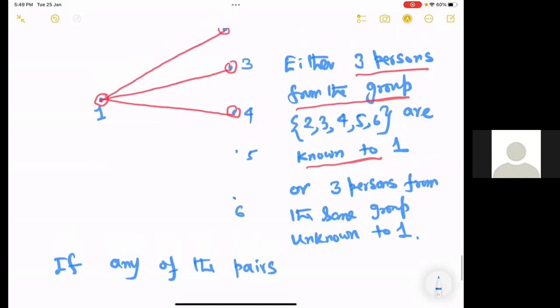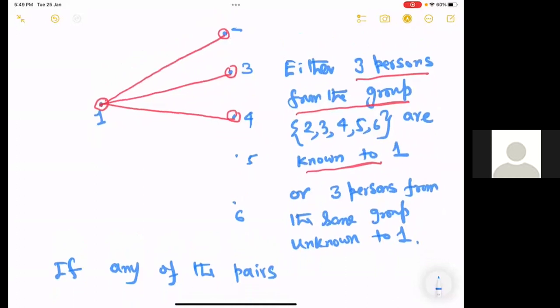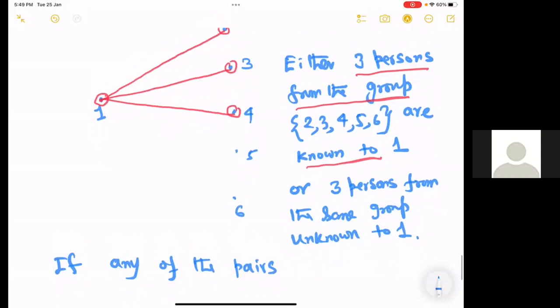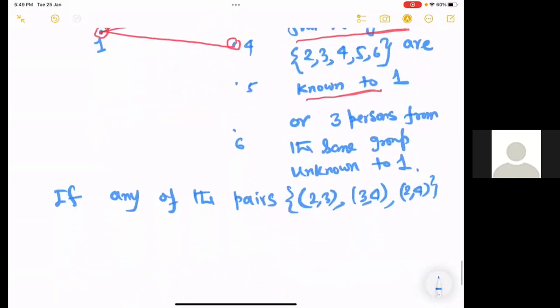You have to be intuitive, but also provide minimal information so that the checker can understand that you have understood the problem. If any of the pairs, as I said, 2, 3, 3, 4, and 2, 4 know each other, then we are done.